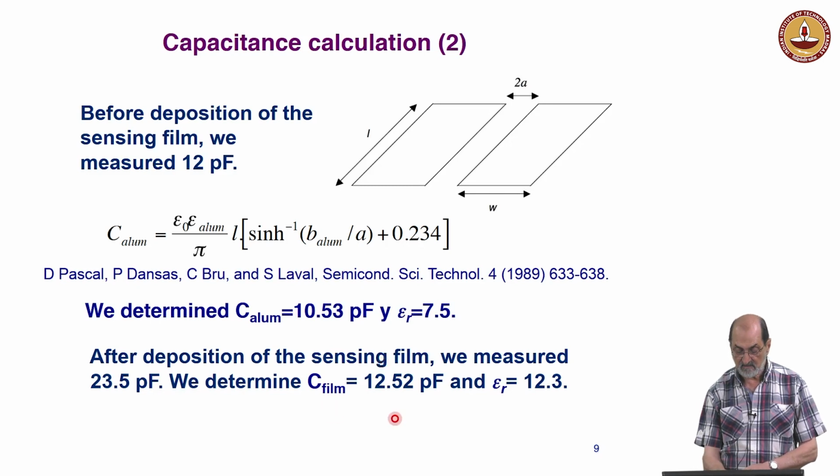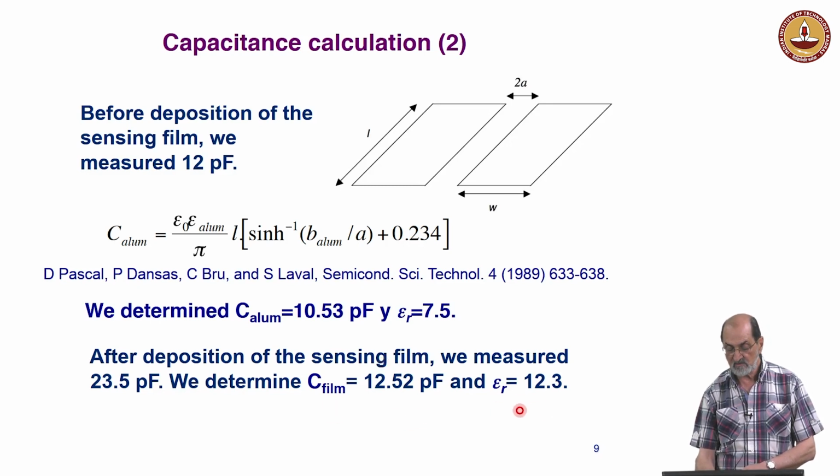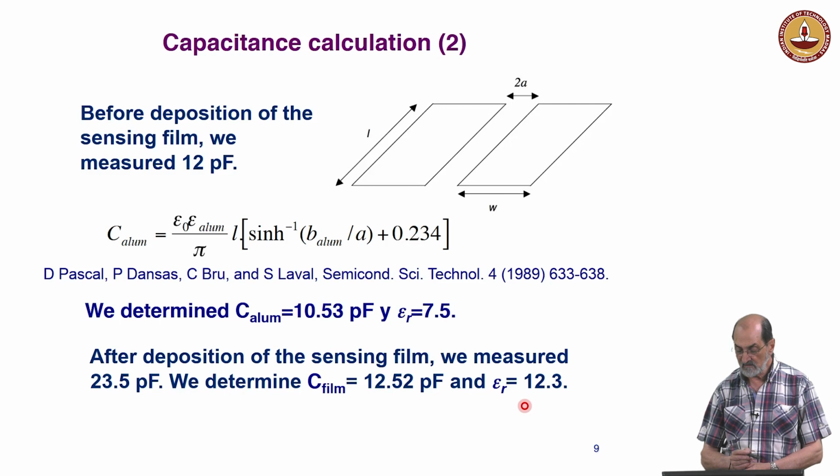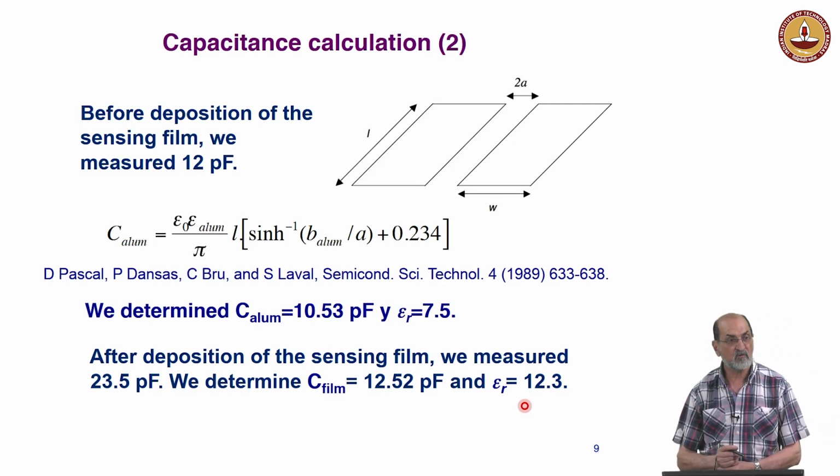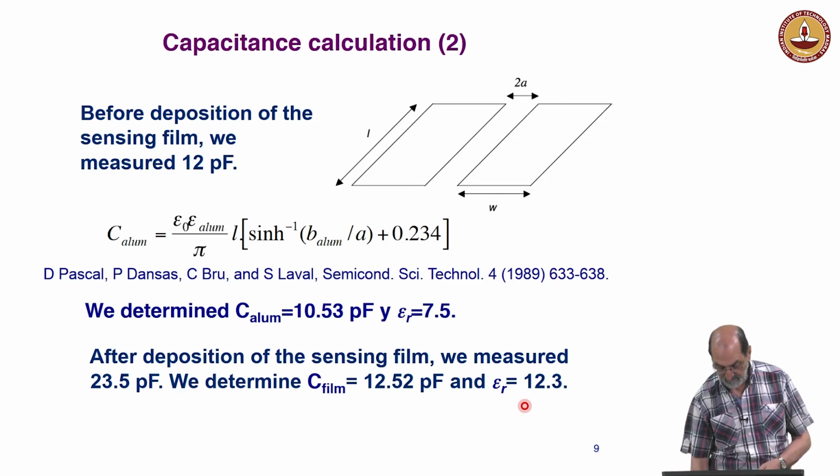And if that is the case, we could determine the permittivity, for which we found the value 12.3. Amazingly, in the literature, the relative permittivity for tin oxide is 12.4. So even though we make many approximations, this works quite well.